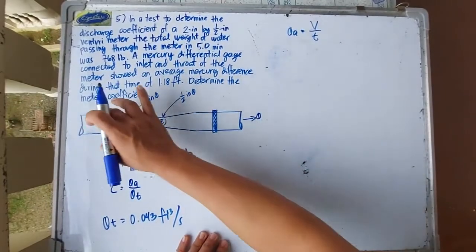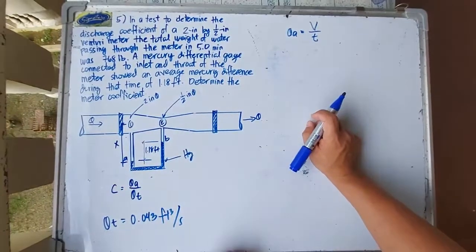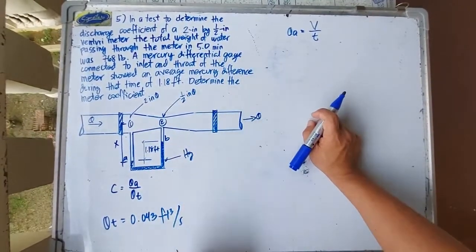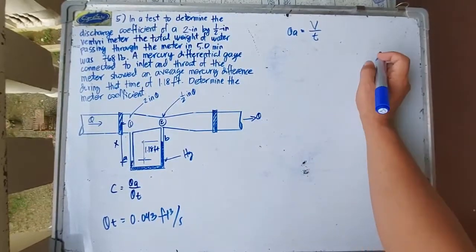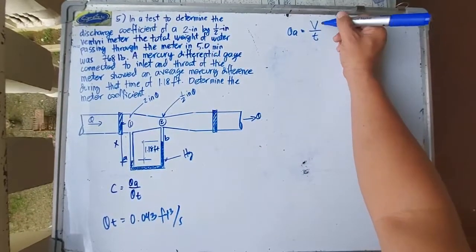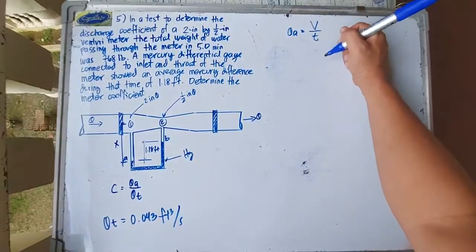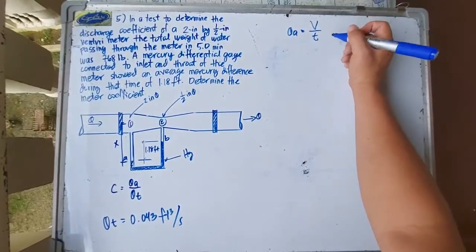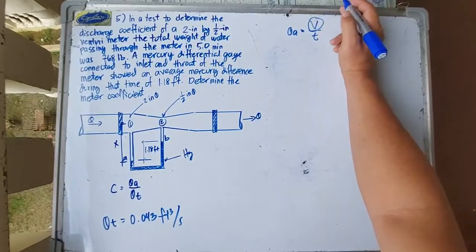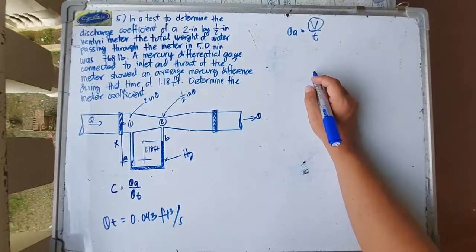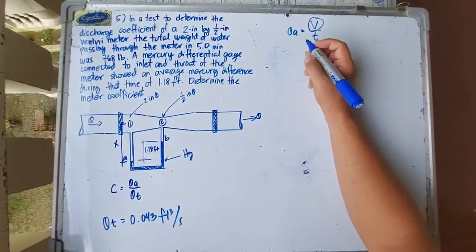So in 5 minutes, we are collecting the amount of water coming out of the outlet of the Venturi meter. We divide the volume by the time of collection, which is 5 minutes, and that would be the actual discharge. We need to solve for the volume, but the given value is the weight of the collected water. How do you solve for the volume?